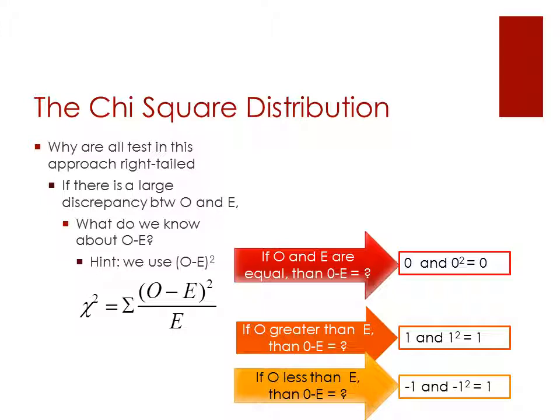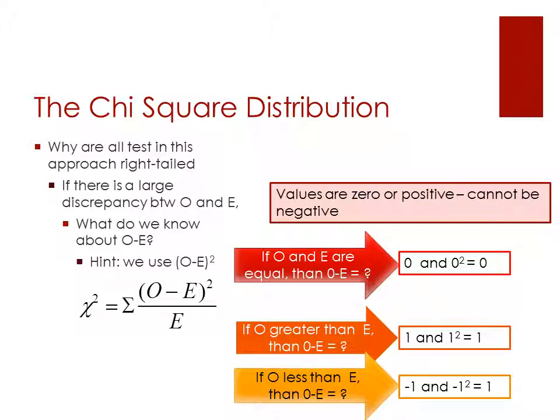So this is why, anytime we're using a chi-square distribution table, 0 is the lowest possible value and they're going to be positive. If you have done a chi-square and you get a negative number, something somewhere has gone astray. You need to go back and recheck your data entry and work through your steps again.